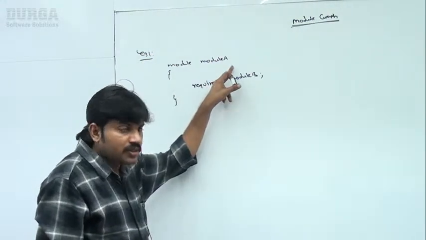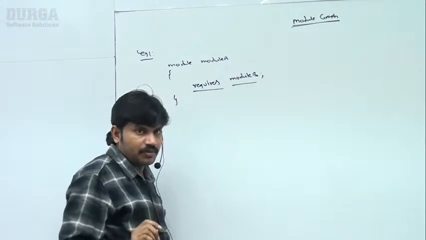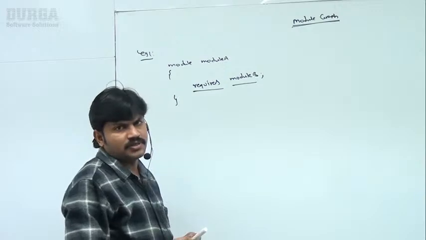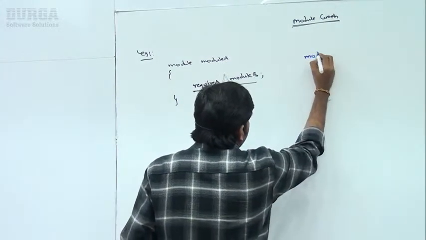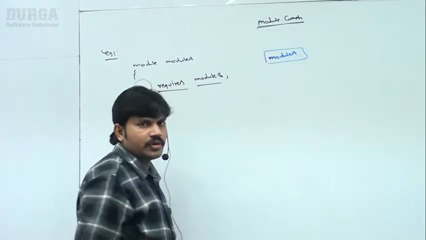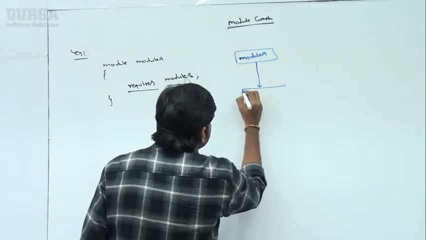Module A requires module B. Remember that. Sir, now what is the corresponding module graph, sir? Okay, very simple, sir. Observe, this is my module A. Are you getting that? Module A. Module A requires which one, sir?